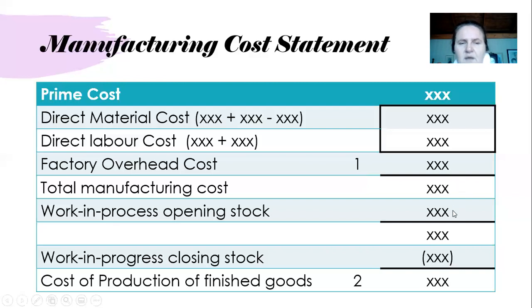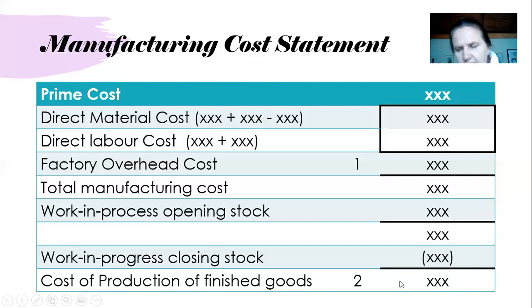Then I add the amount that was in the manufacturing process at the beginning of the year. I subtract the amount that was at the end, and that is my cost of the production of finished goods for this year. So you must differentiate between total manufacturing cost and cost of the production of finished goods. Differentiate between those two terms, please.